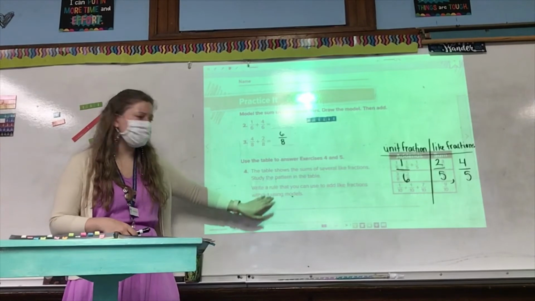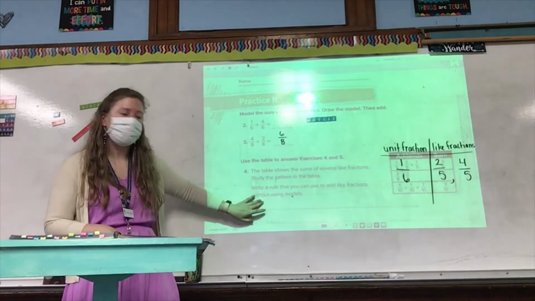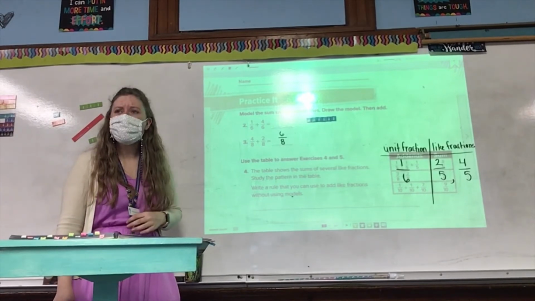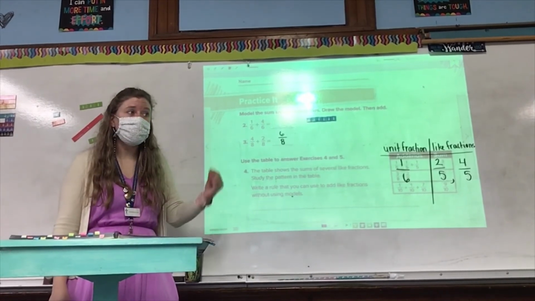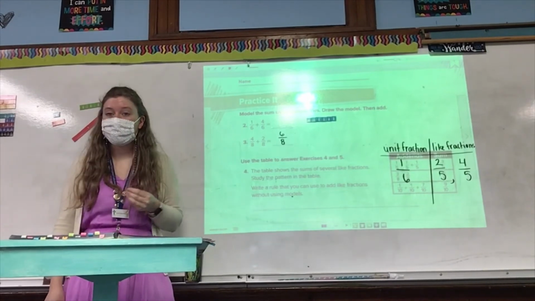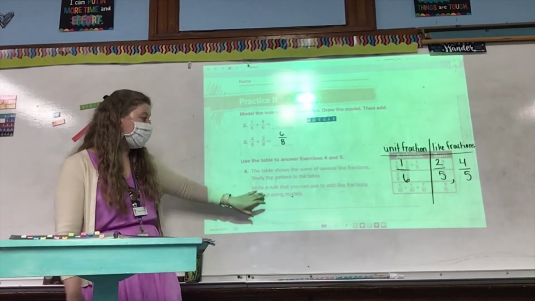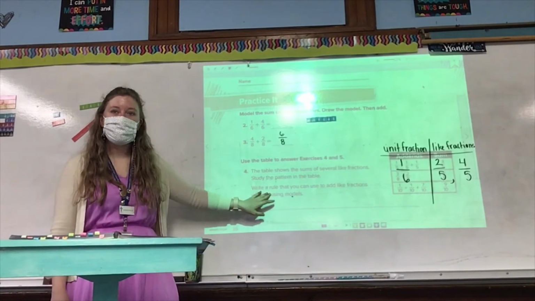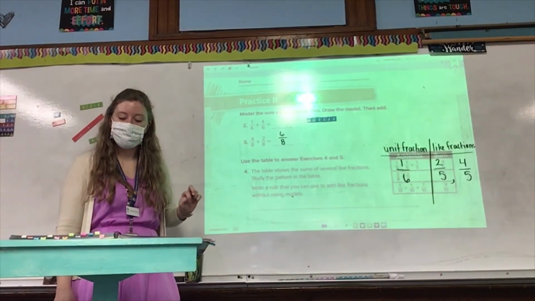What else could you do other than using models to add like fractions? Think of the pattern. Remember, a rule tells you how to find the next term in the pattern. So think of a rule that tells you how to add like fractions without using models.